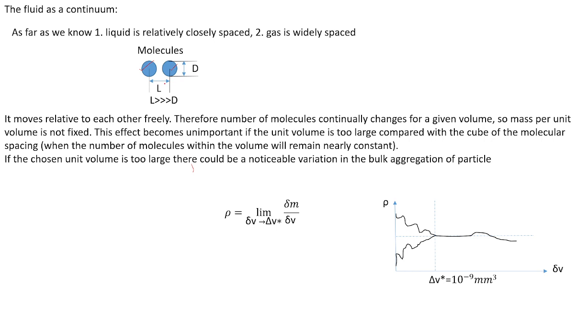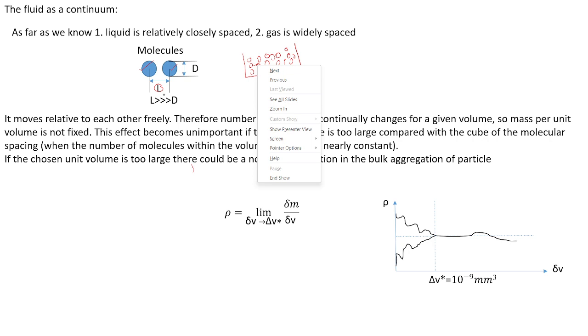The characteristic length here means the distance between two molecules, like in a fluid, in a box, lots of fluid particles are there. The characteristic length is the length between two fluid particles, and d here is the diameter of the fluid particle.